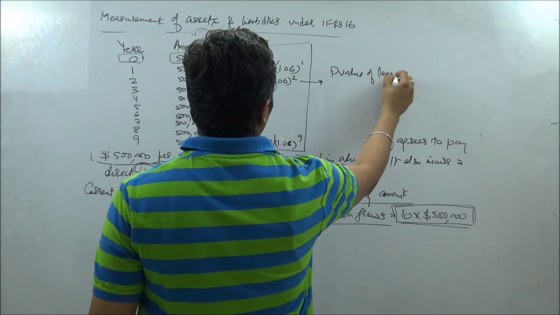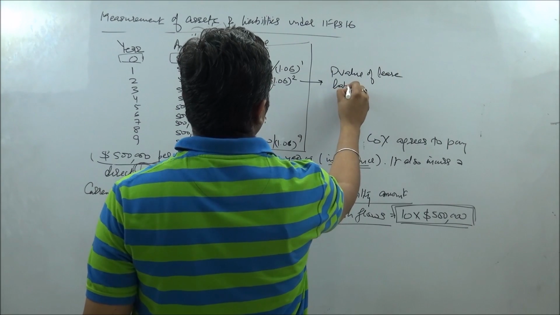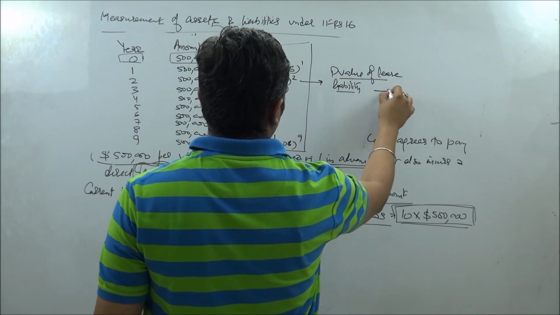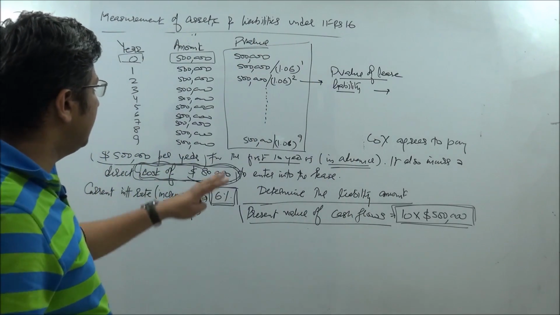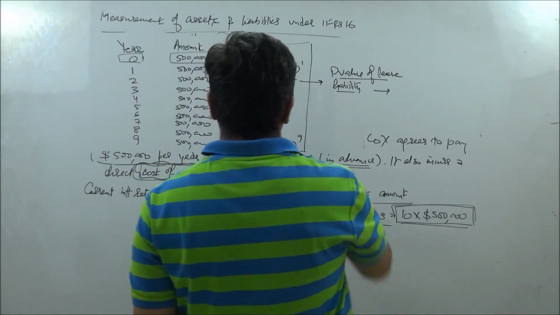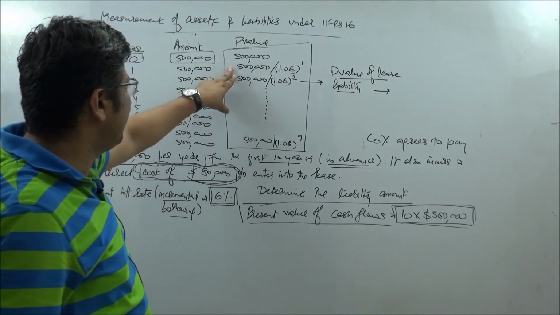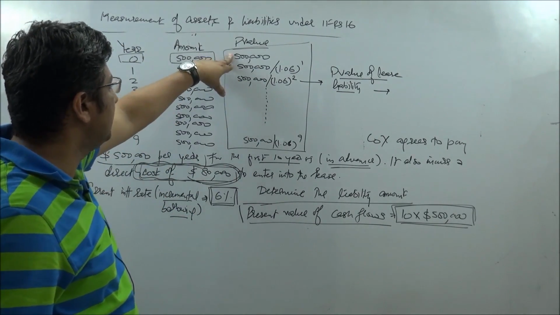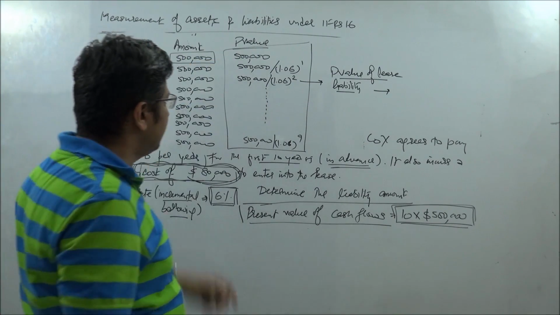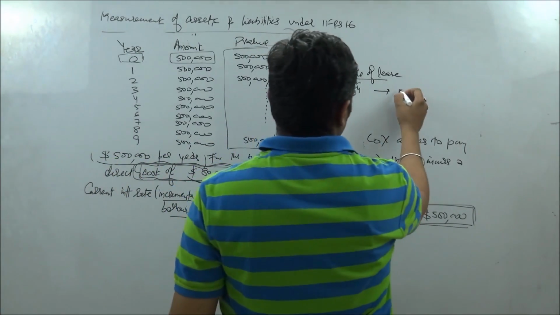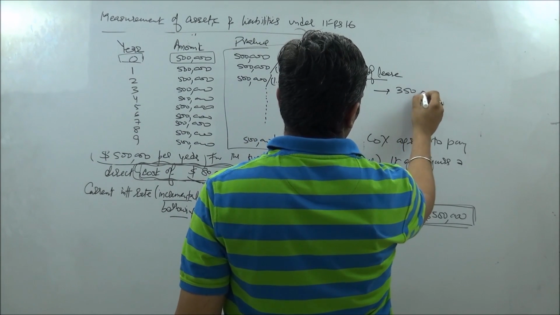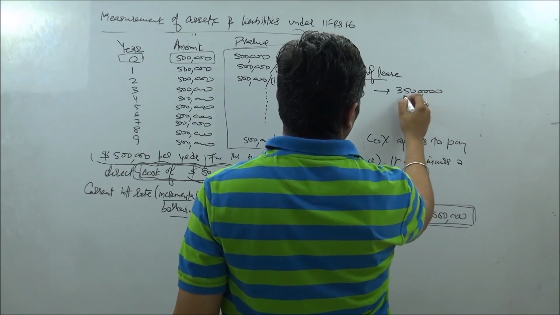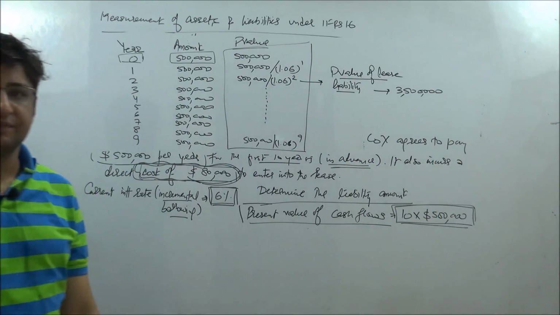So when I say that, I'm looking at the present value of lease liability. I'm not sure of the calculations here, but let us say, since we're talking about $500,000 for 9 years discounted plus 500,000 upfront, let us say this comes to, let's say, 3.5 million, right?